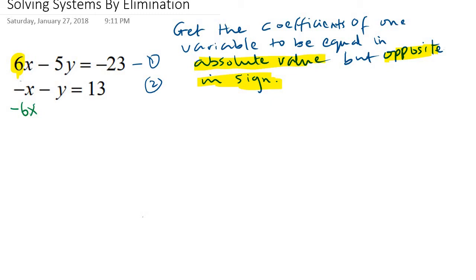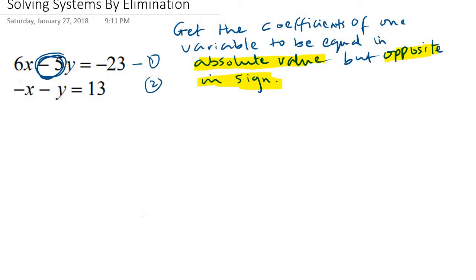Or if that does not work, or it's too much work for me, I already have a negative 5 as the coefficient of the variable y.